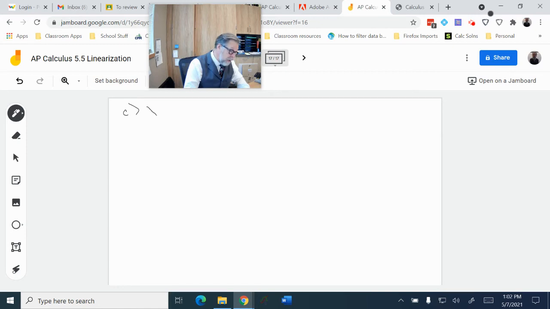And the example I want to do now, I could just solve this for y, but I'm not going to. I'm going to use implicit differentiation just to show you that it can be done. And the question is, at x equals 2, if I increase x by 0.05, what happens to y?